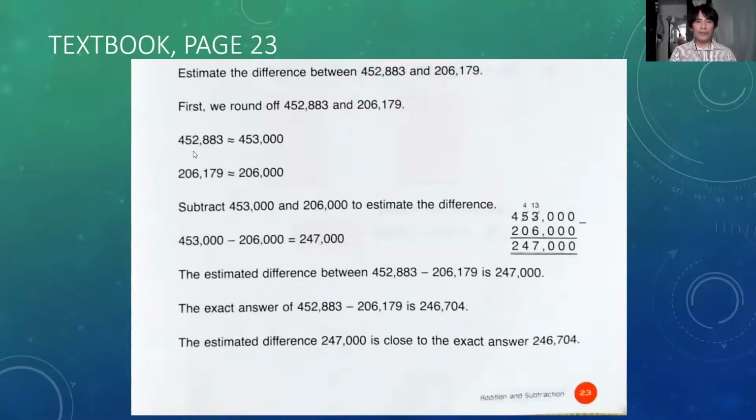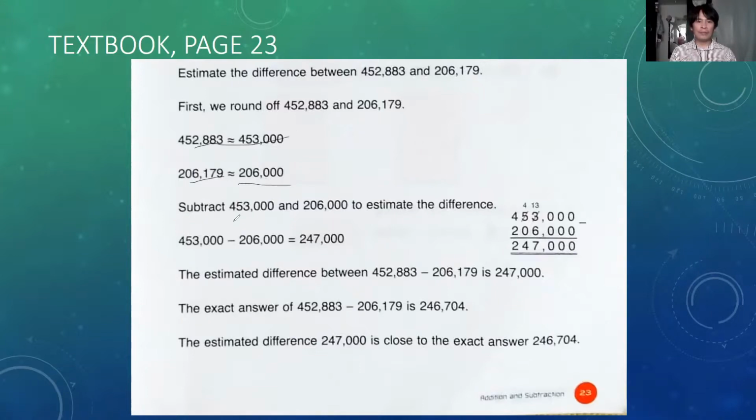So 452,883 is approximately 453,000, while 206,179 is approximately 206,000.